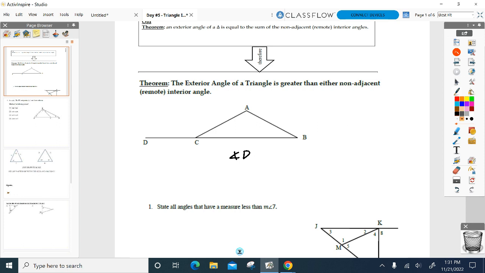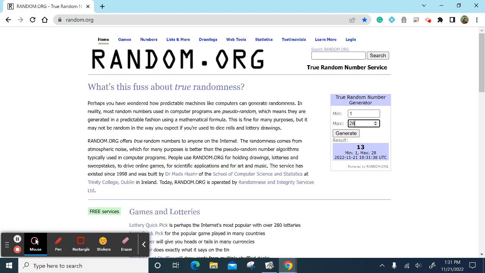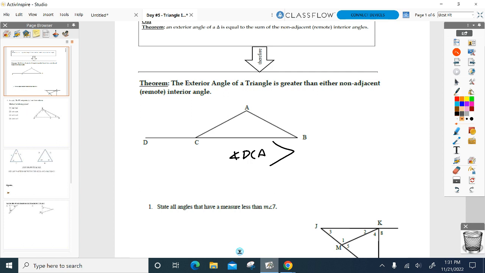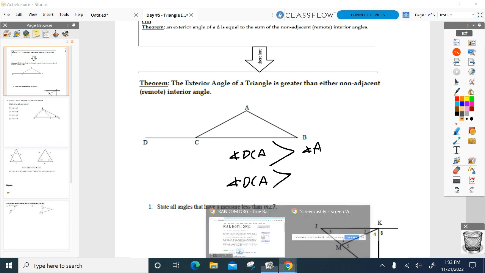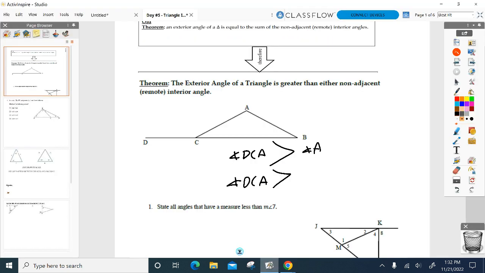Angle DCA will now be bigger than, name a remote interior for triangle ACB. Angle A. It's bigger than angle A. And it will also be greater than angle B.